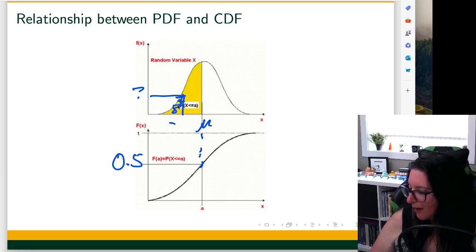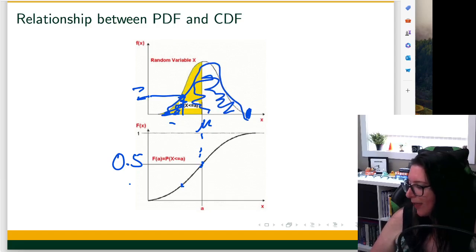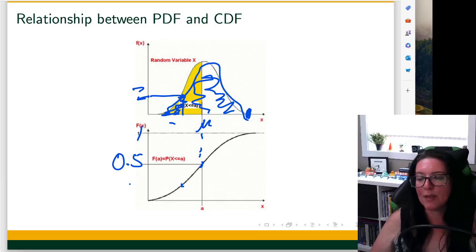Not this number, but the shaded amount is going to be this value. Once we get to here, we've completed the entire 100%, and that's why we get a 1 for the cumulative distribution function.